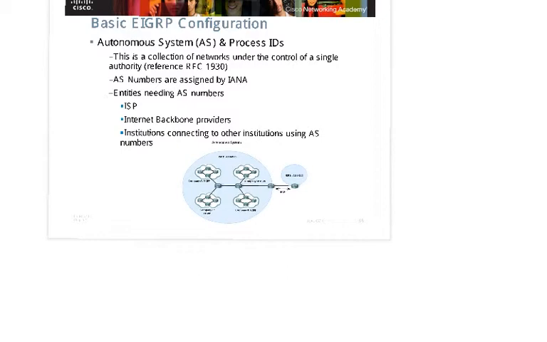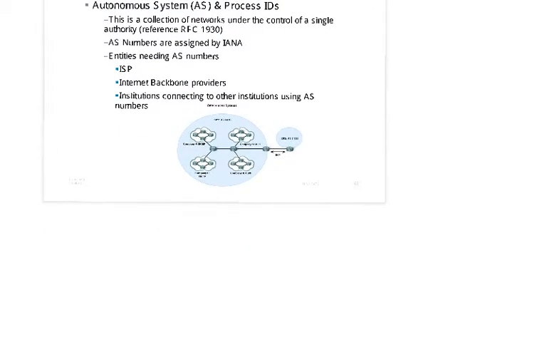The autonomous system as a concept talks about a group of networks that are governed or controlled by a single authority. For example, an internet service provider has a group of networks. There is the network of, for example, Ooredoo. It has a network at QU, it has a network at QP, it has a network at whatever. So those groups of networks are grouped all together in what we call an autonomous system. That's an example of an autonomous system, and this is an example of another autonomous system.